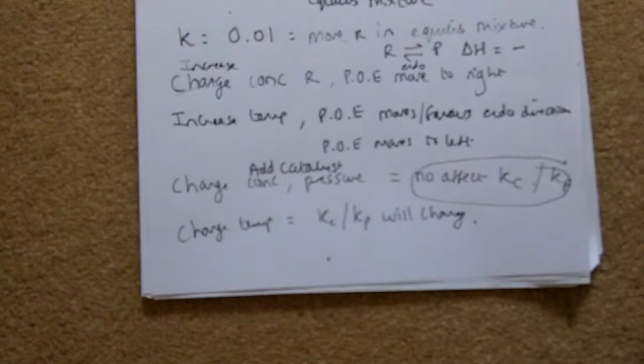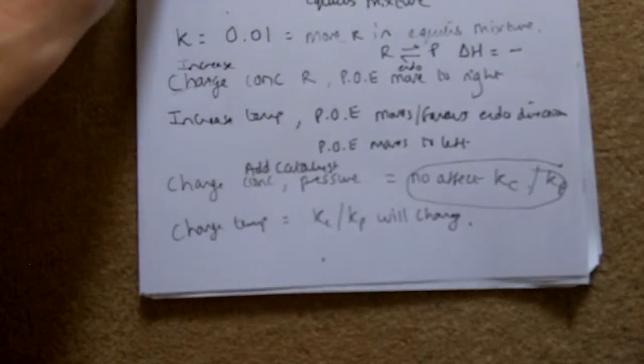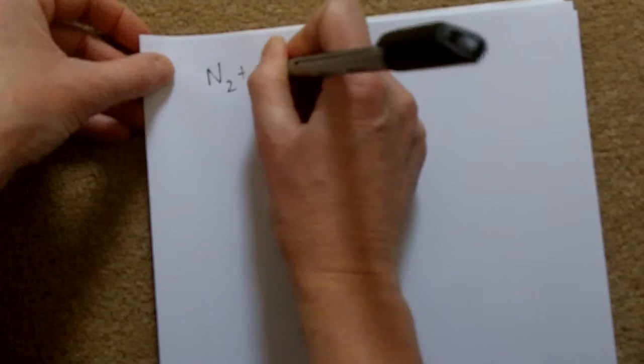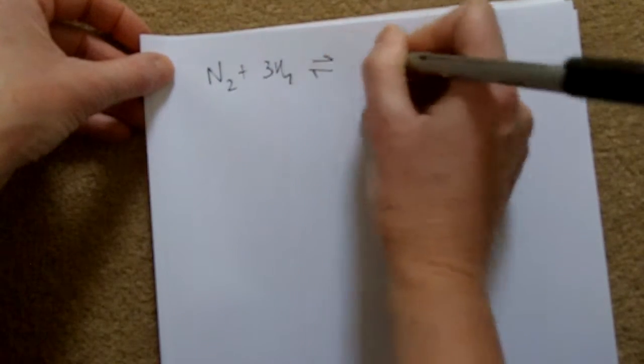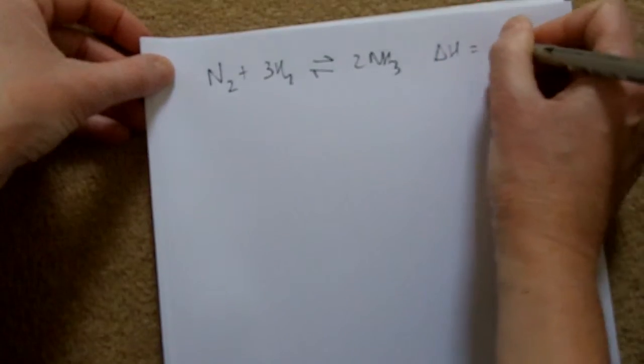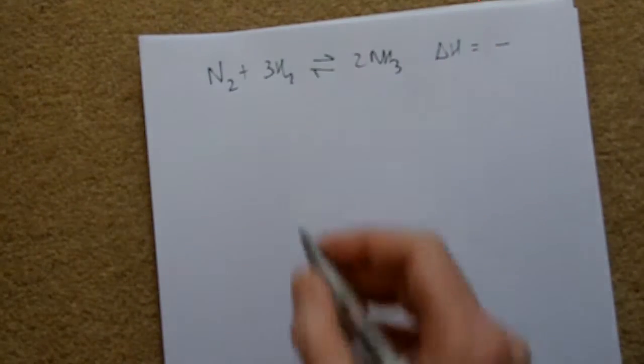Now, this answer doesn't get you any marks, but the way to think about this, to help you remember what's happening, let's do the Haber process, for example, which is an exothermic reaction.